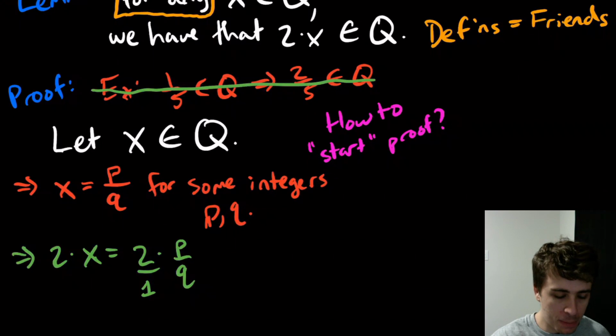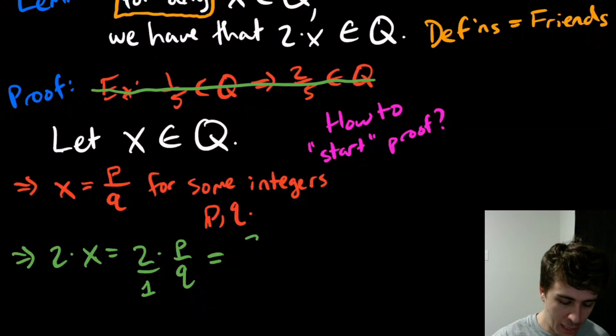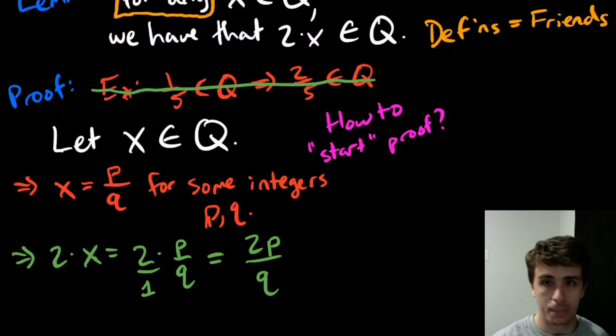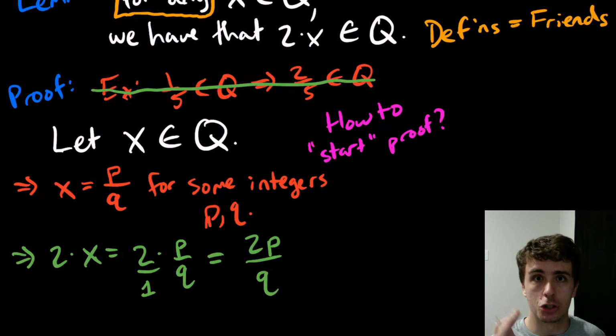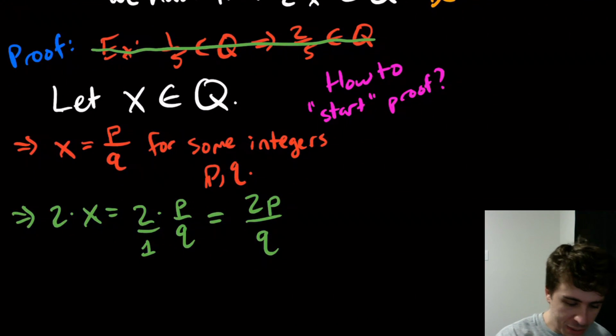If I multiply these out, you know from grade school that if you have 2 fractions and you multiply them, you just multiply the tops and the bottoms. So here I get 2p on top and q on the bottom. This may seem completely trivial to you, but this is how you actually have to show a proof step by step.